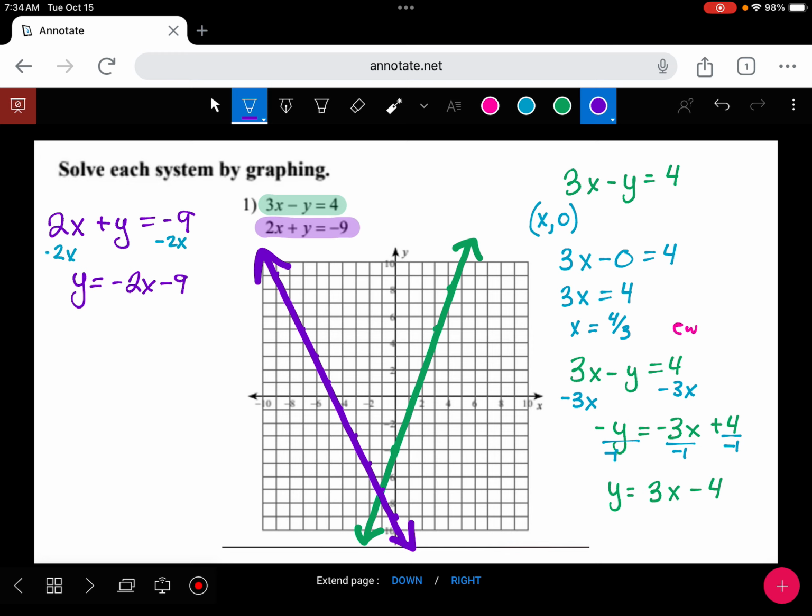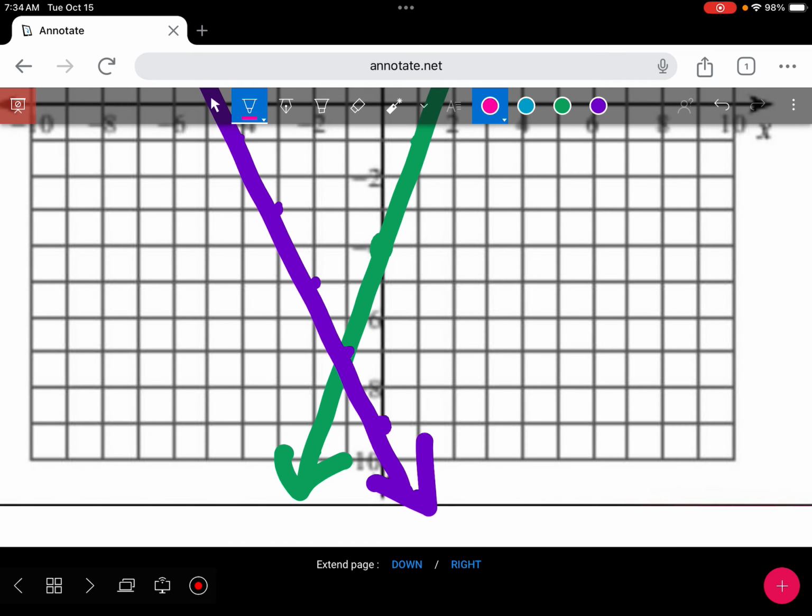All right, so then here's our big question of the day. Where is our solution? -1, -7. It's this point where they cross. This is why it's super important that we're accurate with our lines and accurate with our rulers. If our line goes wobbly the whole way down, it's going to make it really hard to read that.